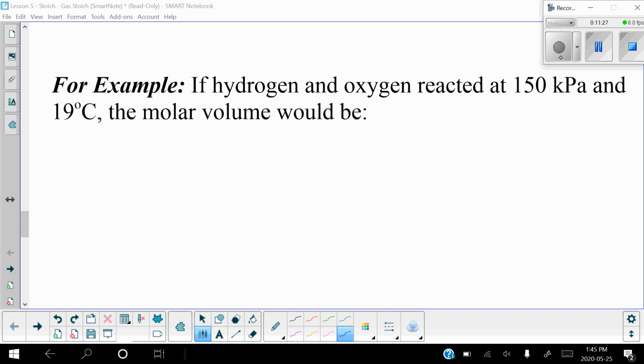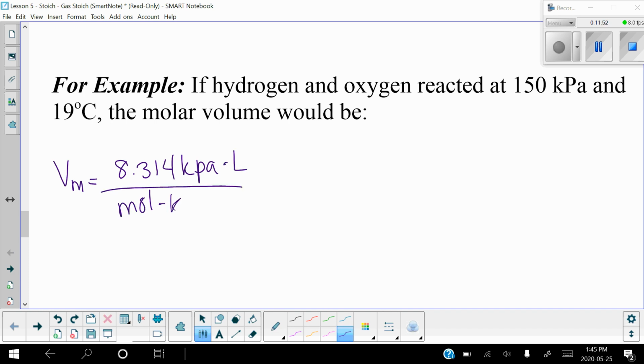For example, if hydrogen and oxygen reacted at 150 kilopascals and 19 degrees Celsius, the molar volume would be what? So, Vm, you're going to begin with your R constant, 8.314 kPa over mole.